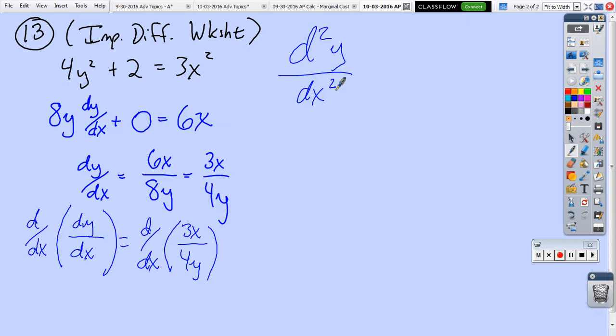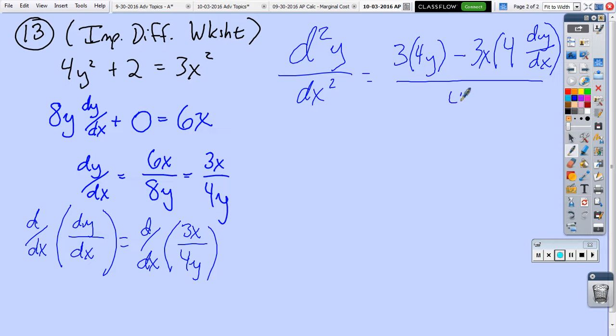So if I do the derivative of this, the quotient rule says derivative of the top, leave the bottom alone, minus leave the top alone times the derivative of the bottom, which would be 4 dy/dx, all over the bottom squared.